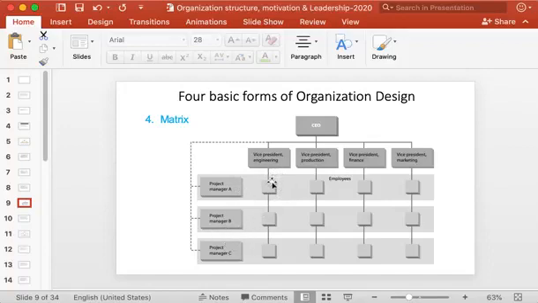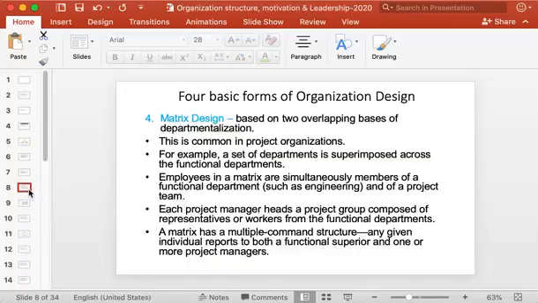And the people working under each functional department here are either working for engineering or project A, or production department or project A, or finance department or project A. So you can see the overlap here as mentioned here.